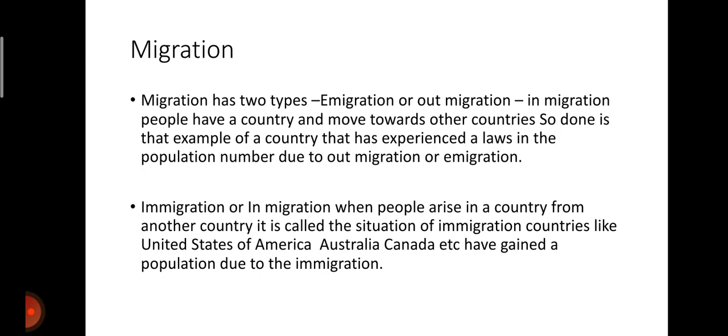When people move from one state to another state within a country, it is known as internal migration. It may be from a village or rural area to an urban area. Clear?